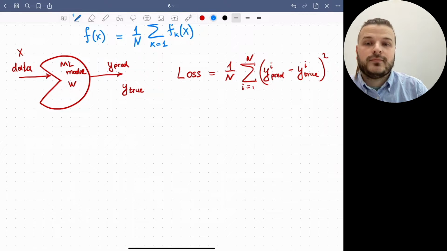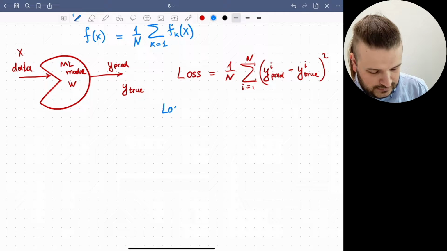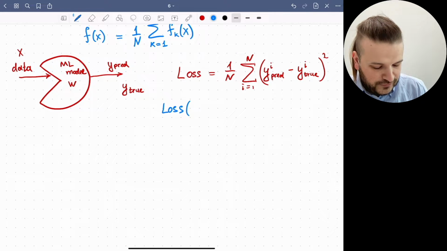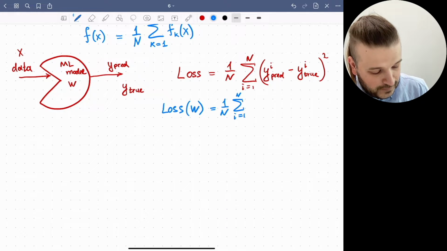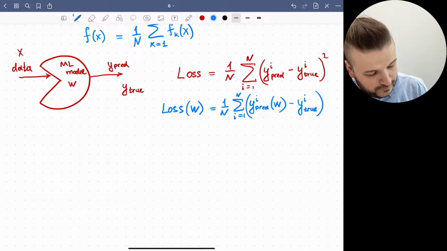Usually our loss function is a function of the parameters of the model, W, so let's write it in a more explicit form: this y prediction depends on W. And that's it.